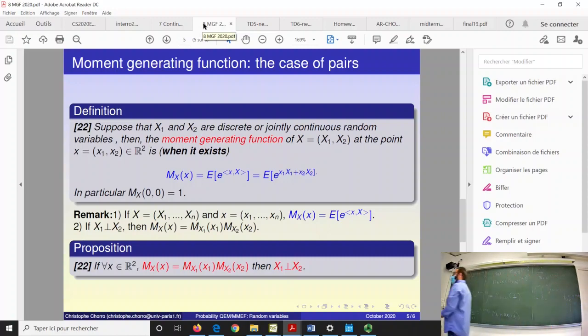So that's why I say that in general it's not that simple to have the moment generating function of a pair or even of a tuple, because I will have to compute multiple sums or multiple integrals.